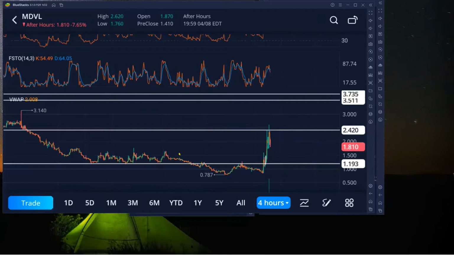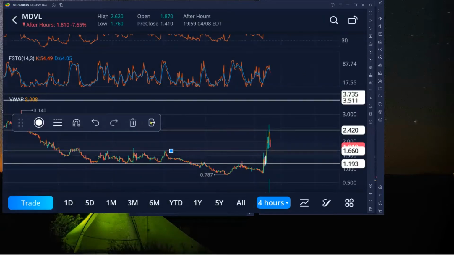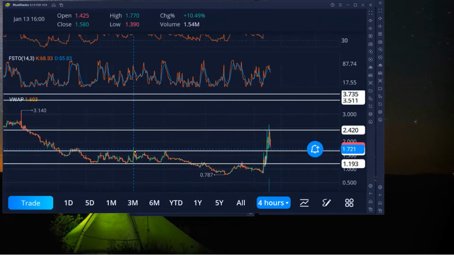If I put the support and resistance here, this is why I said it had the potential to go to 180, because you can notice it had a 177, then a 166, 163, and then this one that was 177, 176.